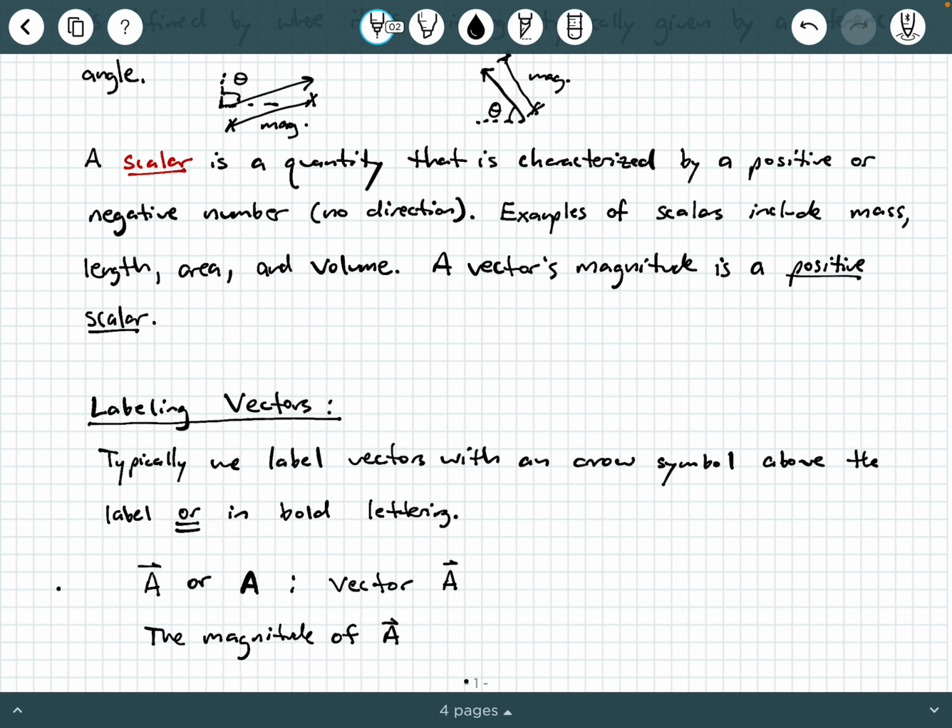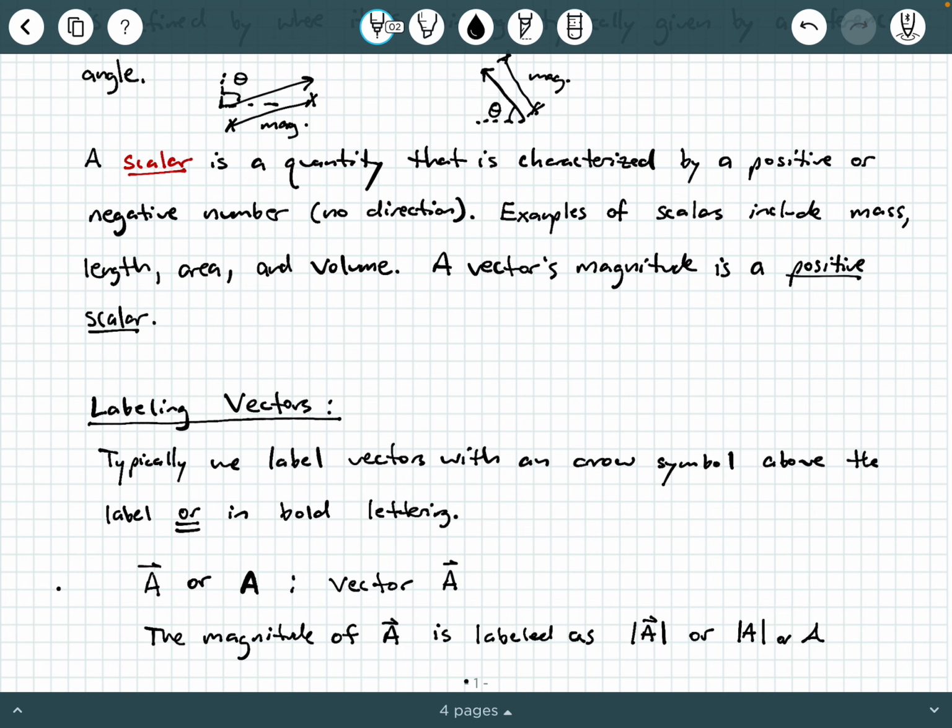The magnitude of vector A is labeled as vector A with absolute value bars around it, or A with absolute value bars around it without the vector symbol, or an A that is italicized. I'll give it an italics look like that.